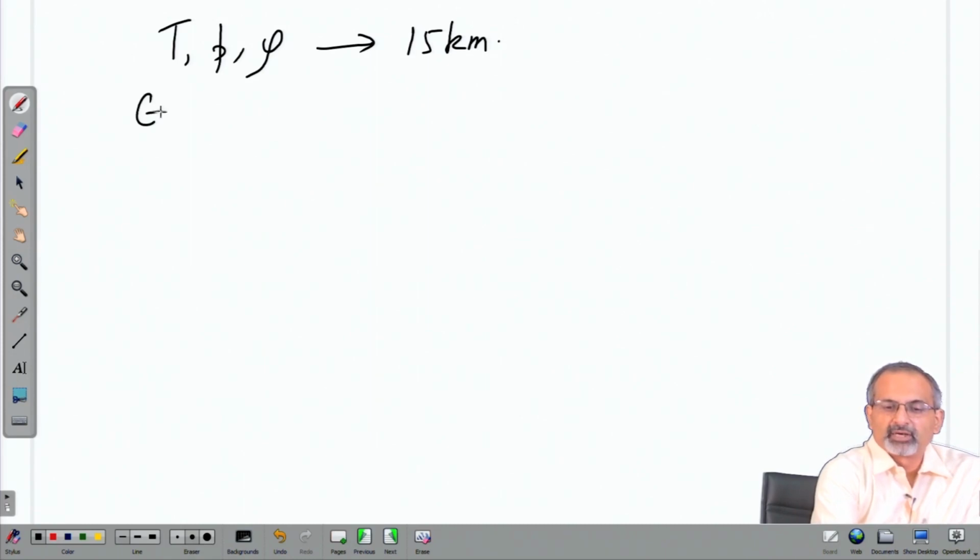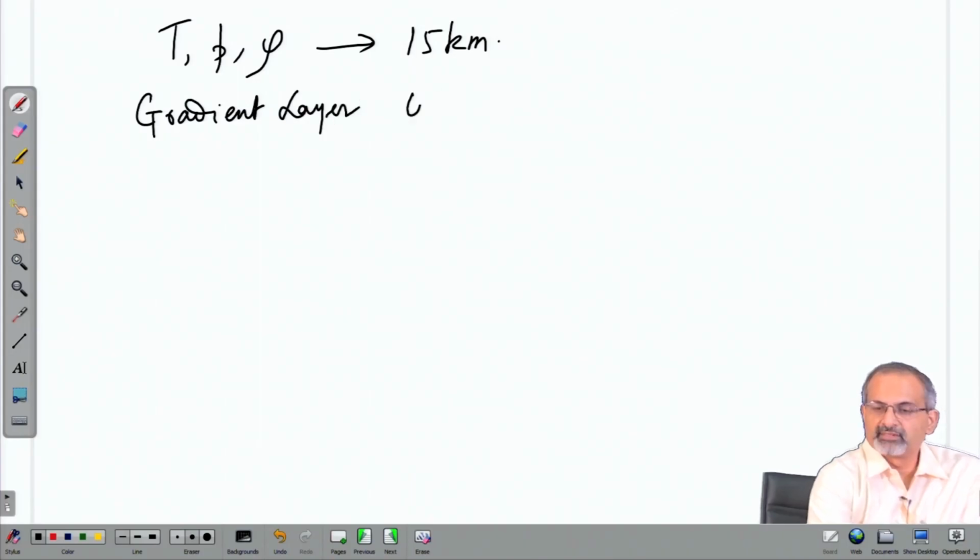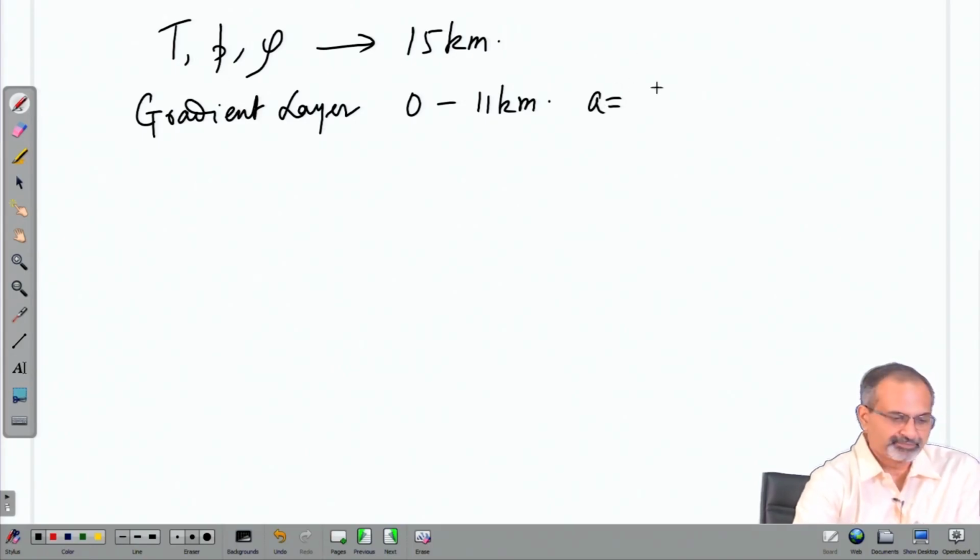You would look at the gradient layer from 0 to 11 kilometers. Based on the temperature variation, you work out the lapse rate.